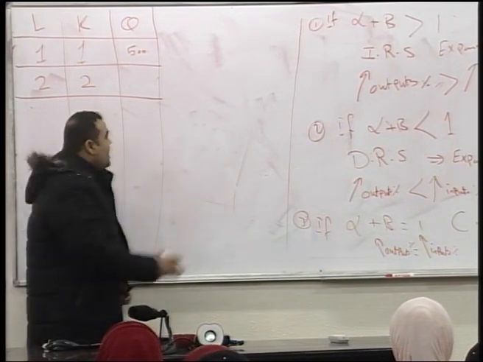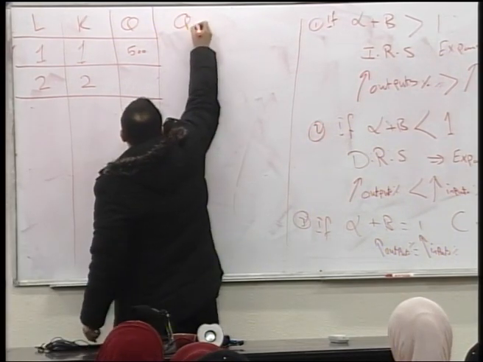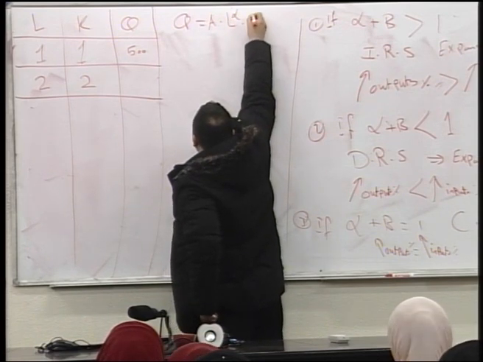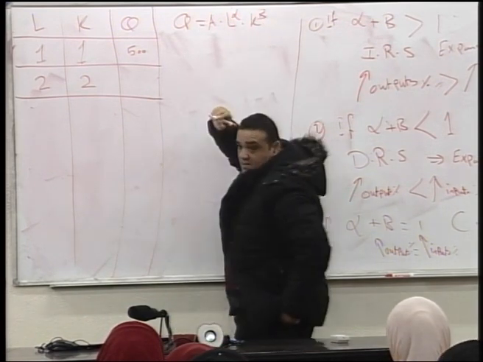Let's see the formula: Q equals A times L raised to the power alpha times K raised to the power beta, right?